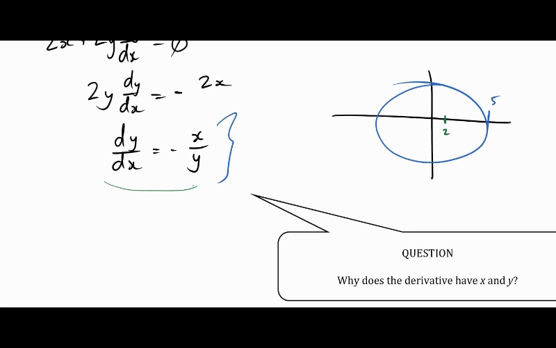How do I know which tangent line I want? Do I want this one or do I want that one? So I need Y to figure out which point. Because again, remember I said we're often looking at something that's not a function. And when we don't have a function, picking an X isn't enough.